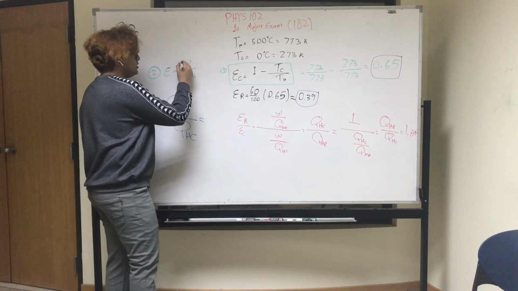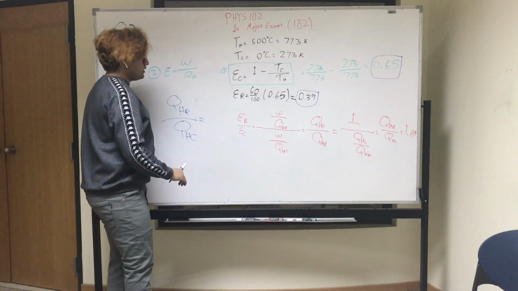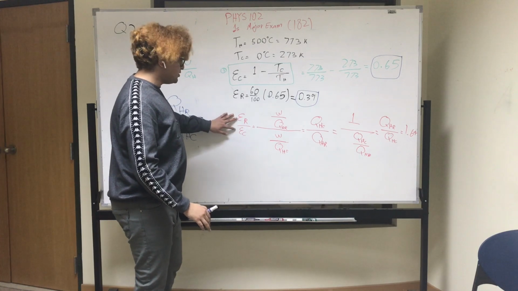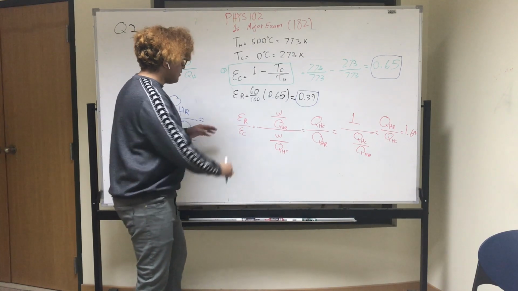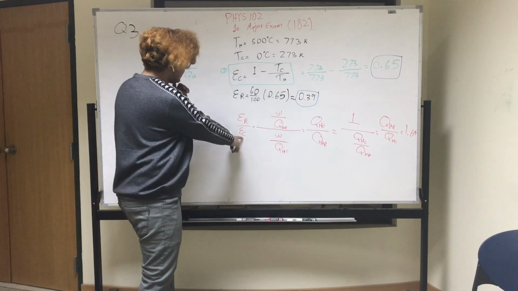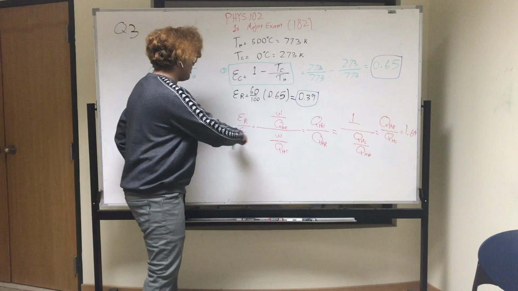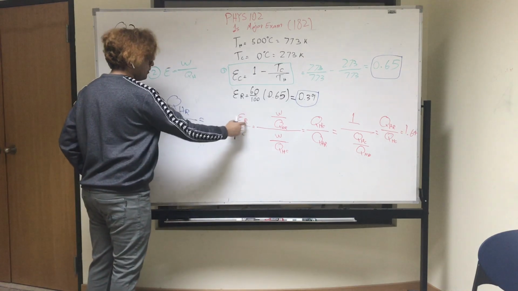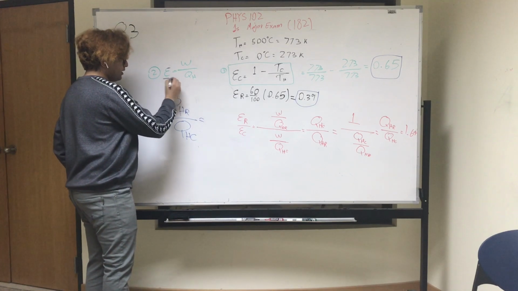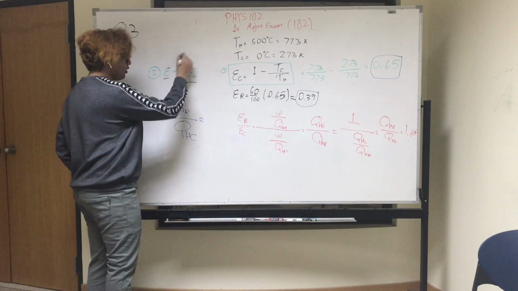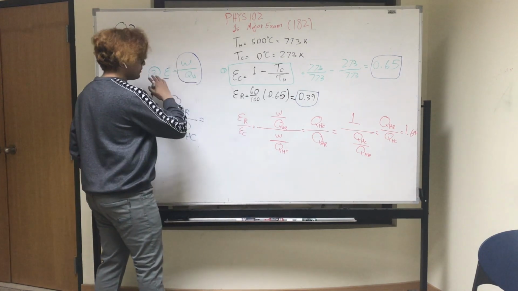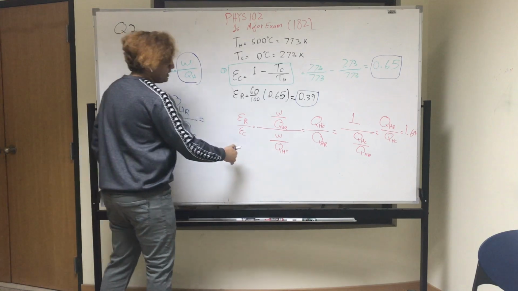So if you take the ratio between the efficiencies, the efficiency of the real engine over the efficiency of the Carnot engine, and just replace this symbol by this ratio. We know that the efficiency is equal to the work over the QH. So take this out and replace it by this, because these two are equivalent.